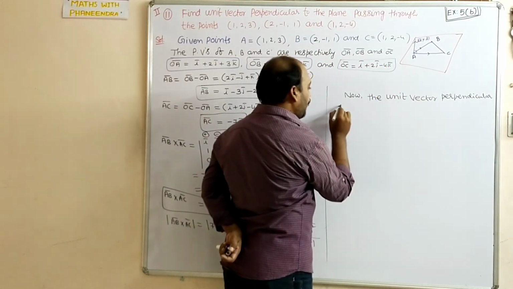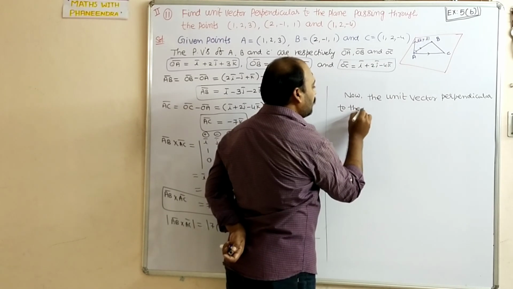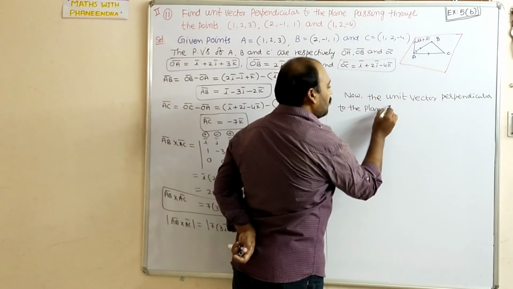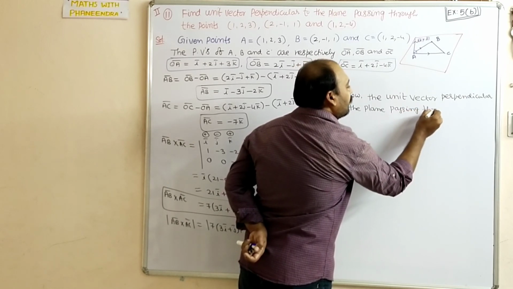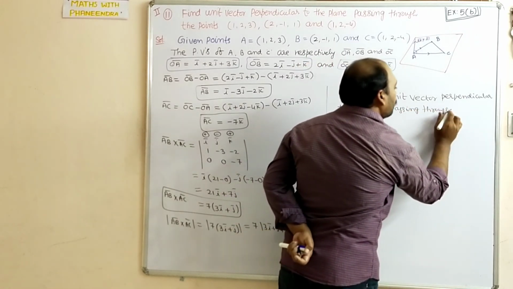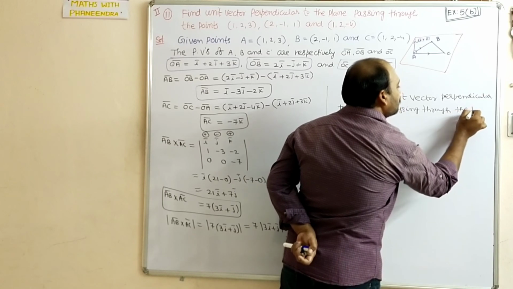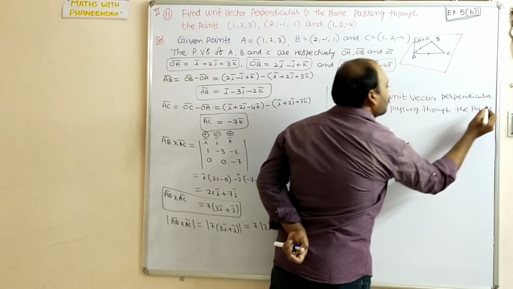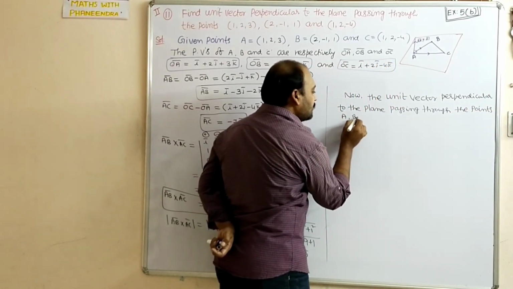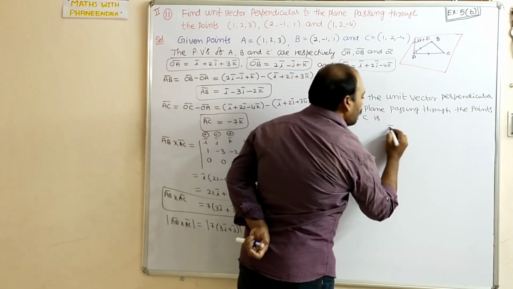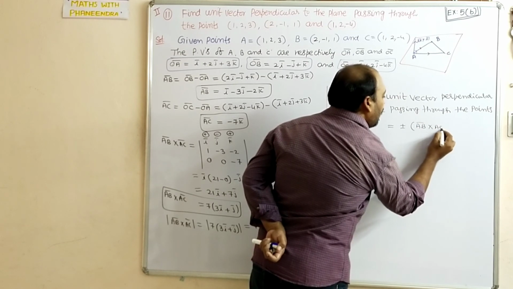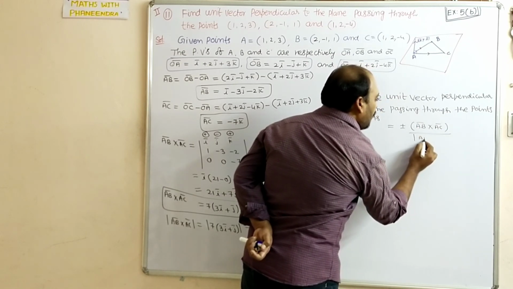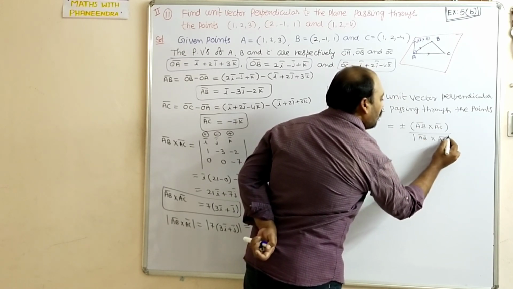The unit vector perpendicular to the plane passing through the points A, B, C is plus or minus AB bar cross AC bar divided by the magnitude of AB bar cross AC bar.